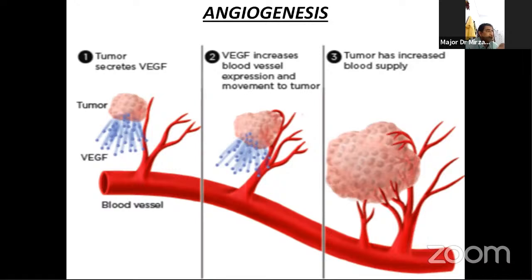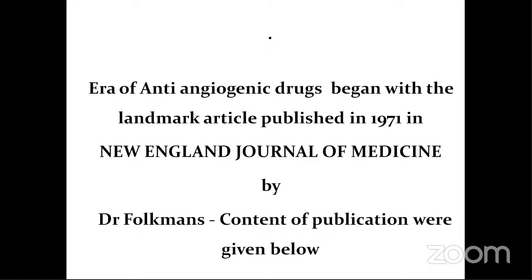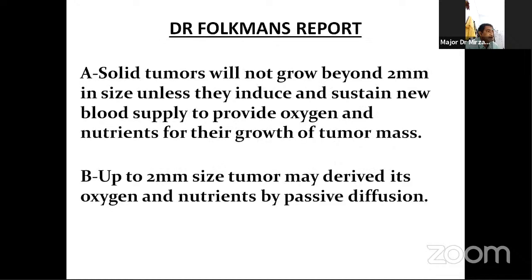So from where was this concept developed? The first time this concept was developed was by Dr. Folkman. He published a landmark article in 1997 in the New England Journal of Medicine, and the salient feature of his publication was that a solid tumor will not grow beyond 2 millimeters in size unless it induces and sustains a new blood supply to provide oxygen and nutrients for the growth of the tumor.